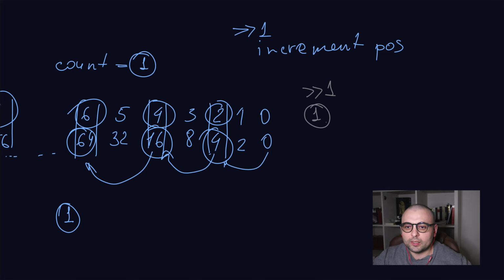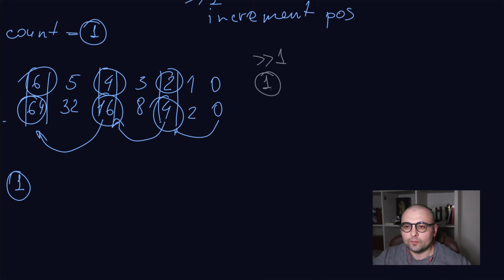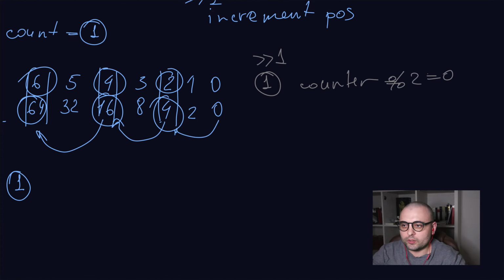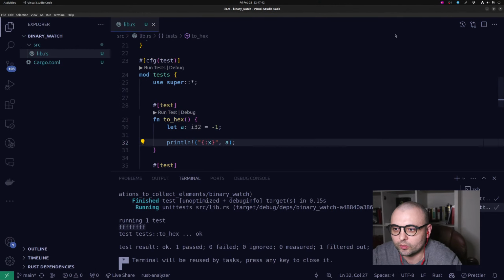Then we have a counter, and we check this counter to be divisible by 2. And that should give us the right solution. Pretty straightforward. So yeah, let me try to code this.